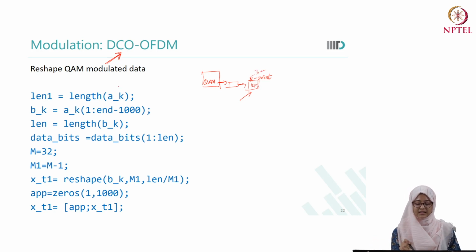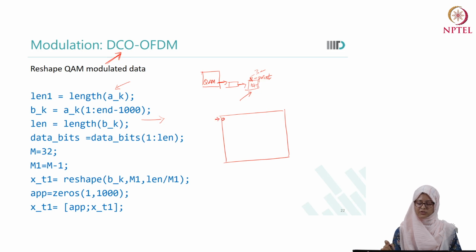Let's assume this AK is the length of the QAM modulated data. In order to achieve Hermitian symmetry, we need to reshape the data in such a way that we have 0 at the first position of the data.